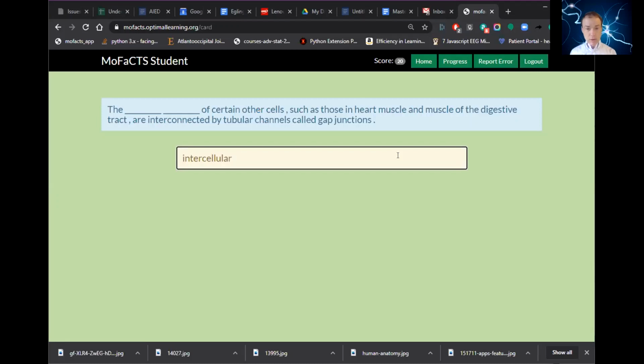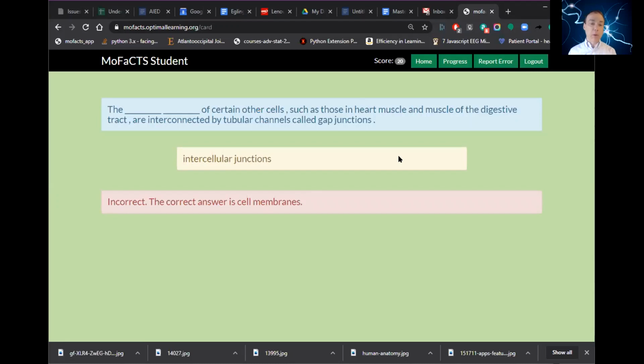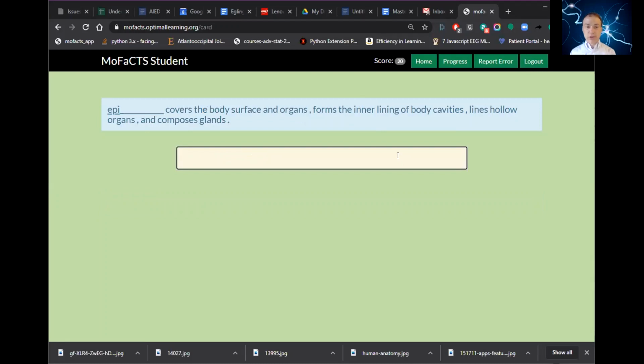Intercellular junctions, the cell membranes. Yeah, the junctions aren't connected by tubular channels. The junctions are the tubular channels. And it's the membranes that are connected by the channels or the junctions. Unintuitive, the channels or junctions.